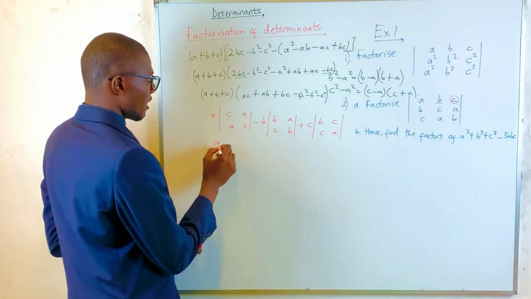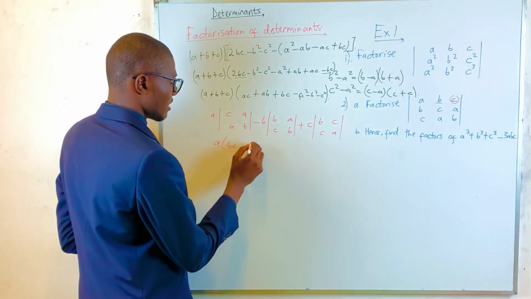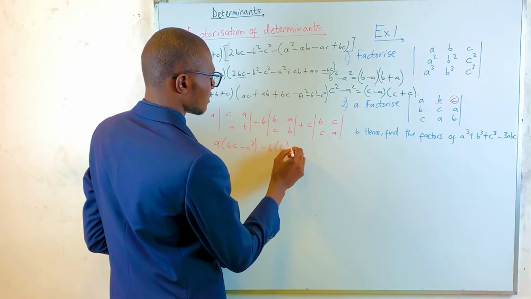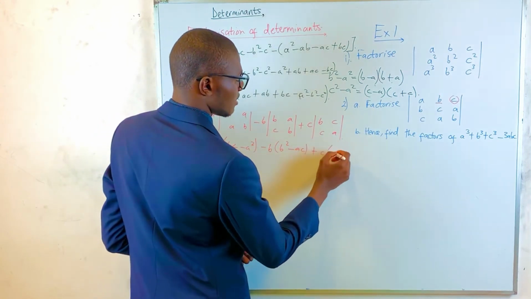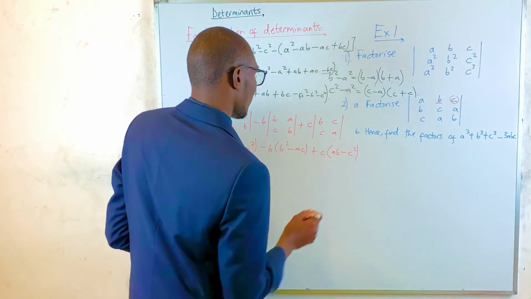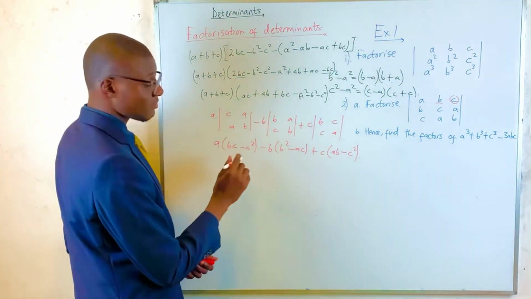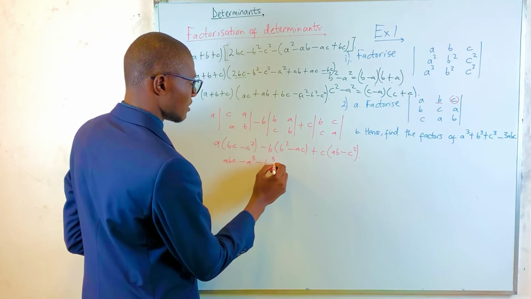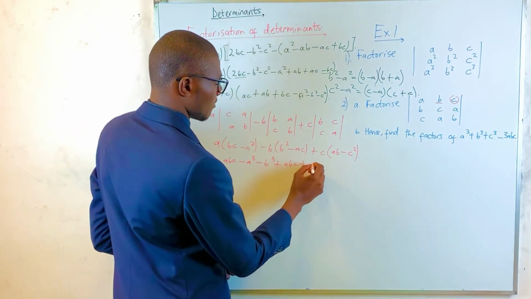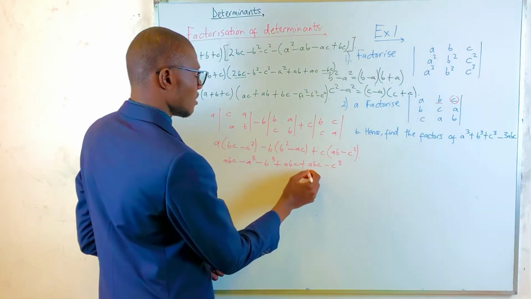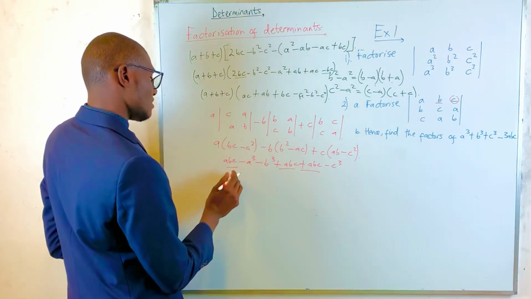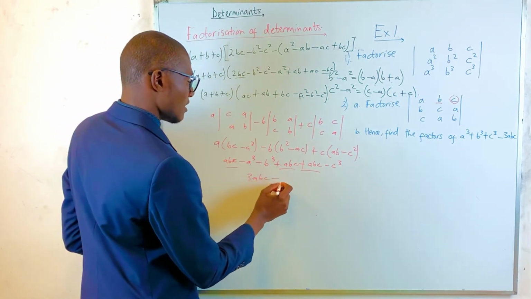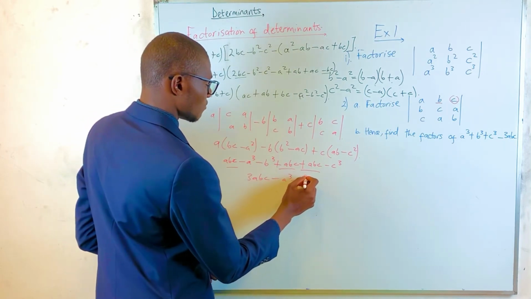Which will be A(BC minus A squared) minus B(B squared minus AC) plus C(AB minus C squared). Multiplying out, we've got ABC minus A cubed minus B cubed plus ABC plus ABC minus C cubed. So ABC plus ABC plus ABC is 3ABC, then minus A to the power of 3 minus B to the power of 3 minus C to the power of 3.